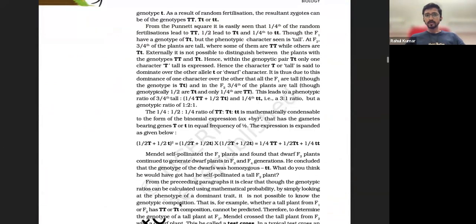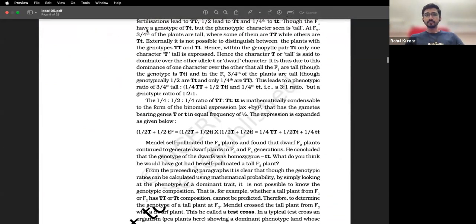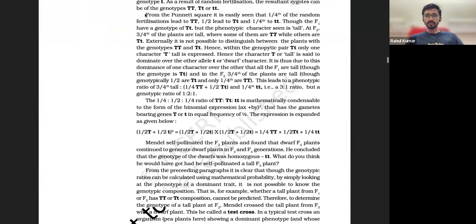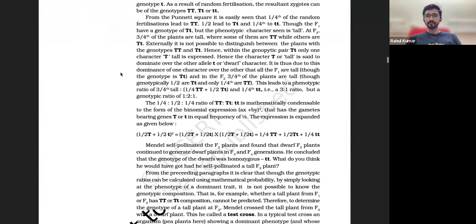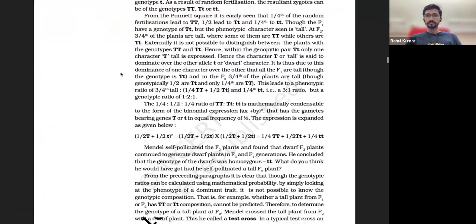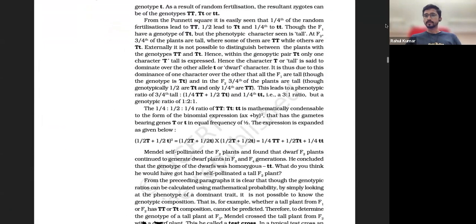Those who read, did you find any issue in this portion currently on the screen? In this portion, anyone had any doubts?